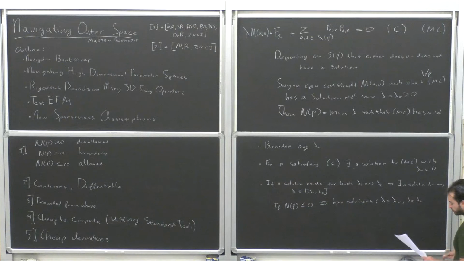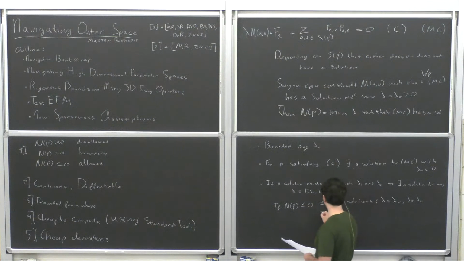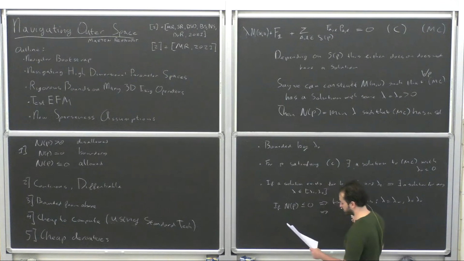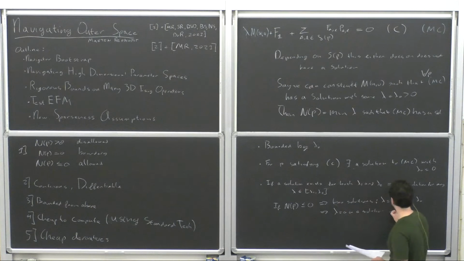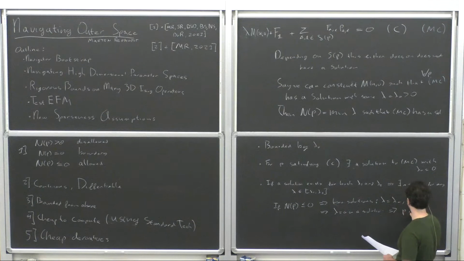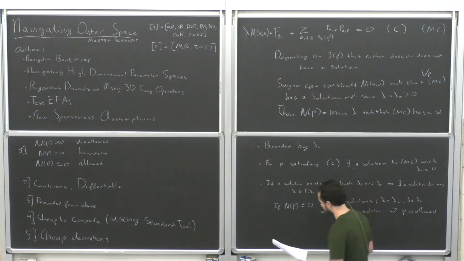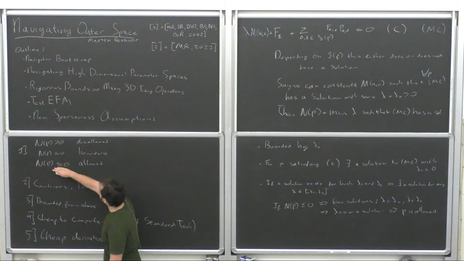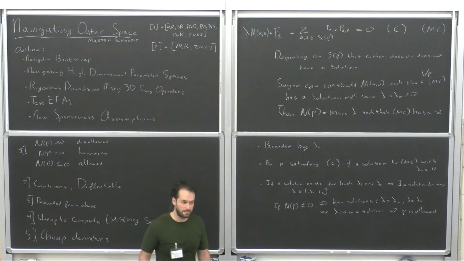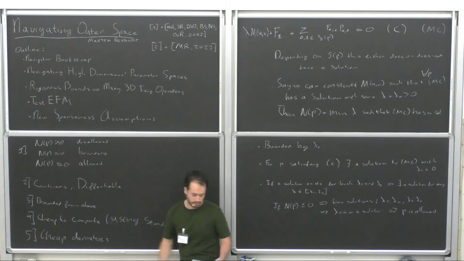And so it follows that any number in between is a solution. So specifically, lambda equals 0 is a solution. And so we find that this value p is allowed. So we find that the navigator function is negative only for allowed points and is positive for disallowed points.